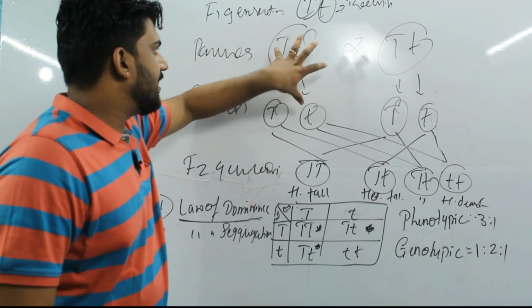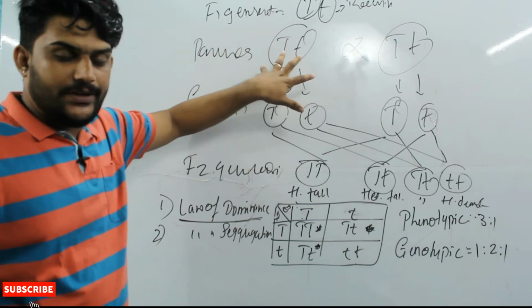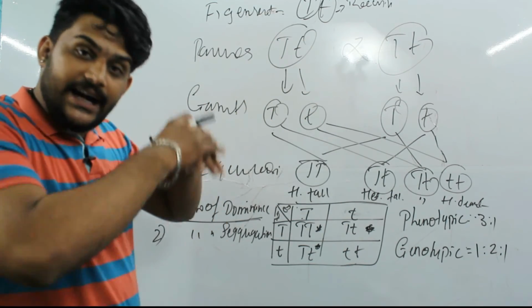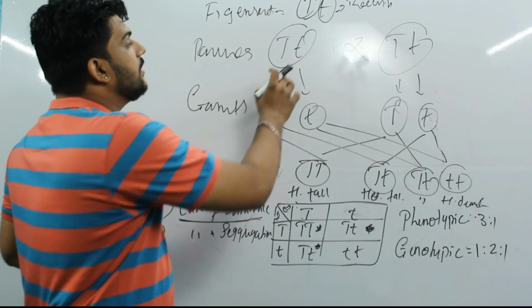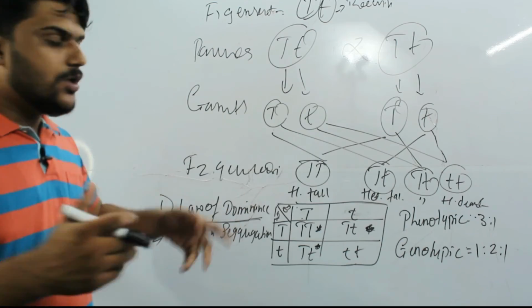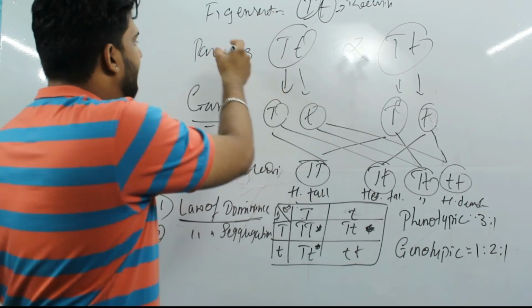So if two different factors are present in a single hybrid individual, that character is going to separate during gamete formation. That is seen in the F2 generation.